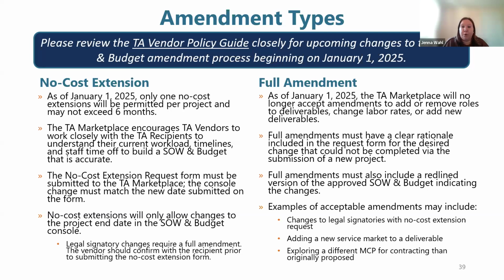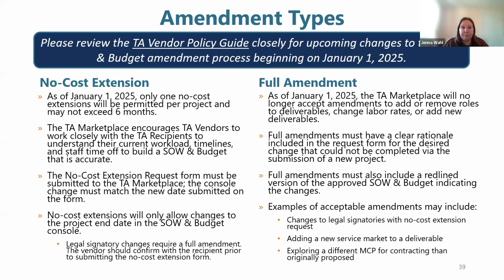So for example, if you wanted to do an assessment of LA County and then wanted to add an additional county to that, that is something we would consider. Or to add or change a managed care plan exploration for contracting. Please note, again, that these amendments are approved on a case-by-case basis, and we require all of this additional information in order to consider your request.